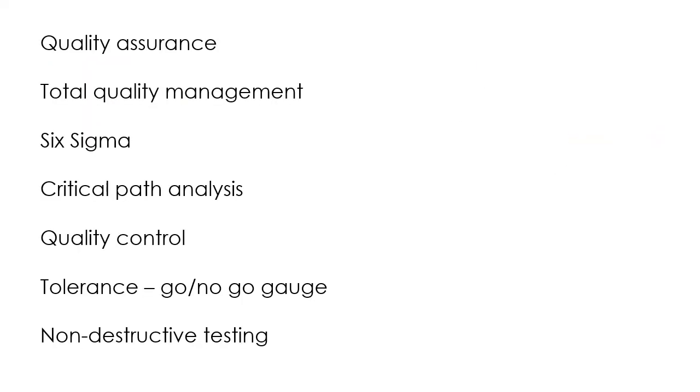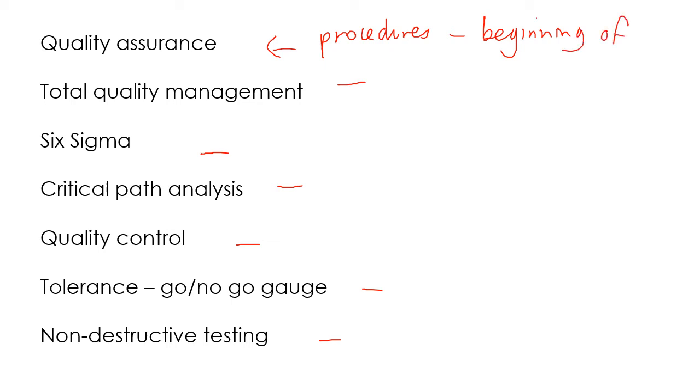So the main things that you need to know in this area, and hopefully you've covered these before, are quality assurance. Quality assurance is procedures that are carried out at the beginning, before you even start making something, at the beginning of manufacturing, to make sure that you've got everything in place.